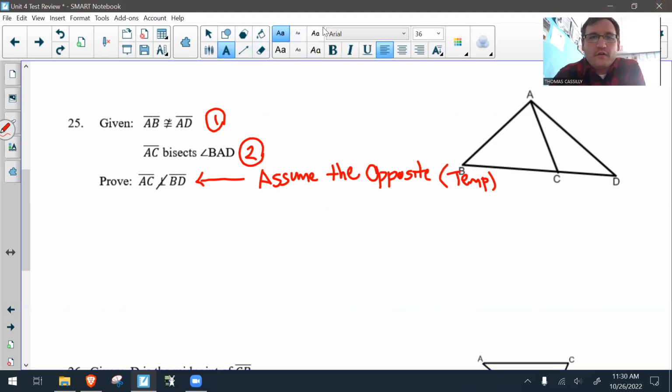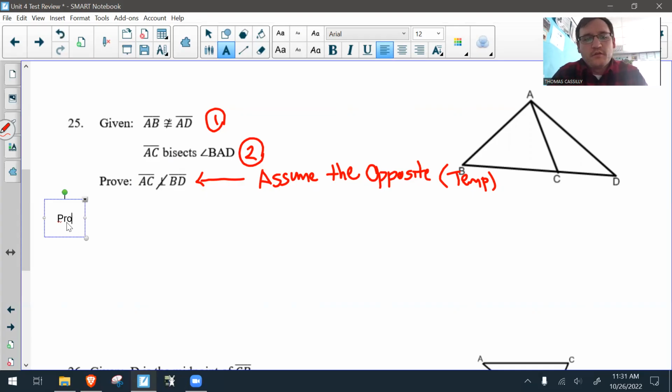Now, I'm going to type this all out. So let's see what we can do here. All right. First things first, take all except for one of your givens. The one that you shouldn't use is the one with a little slash through it. So we are going to use given 2 in this one.